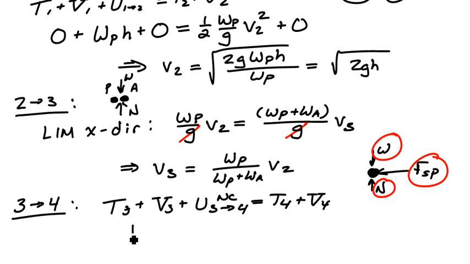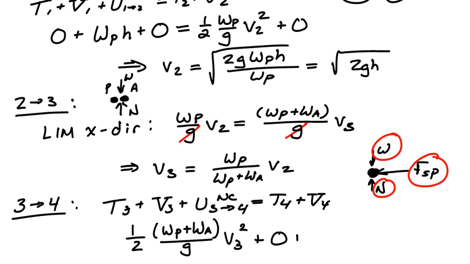So what I'll have here is 1/2 times the weight of the total system, which is WP plus WA divided by G, times V3 quantity squared, plus, initially I have 0 potential energy, plus I have no non-conservative work, is going to equal, at the point of maximum compression, 0 kinetic energy, plus 1/2 times K times the amount of compression delta squared.